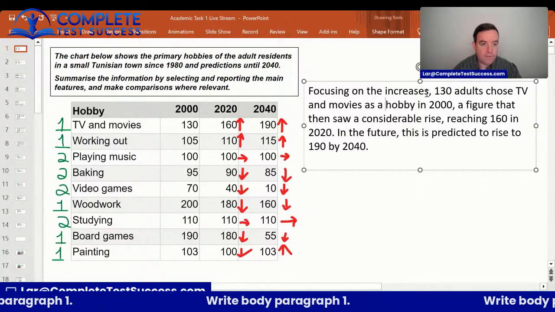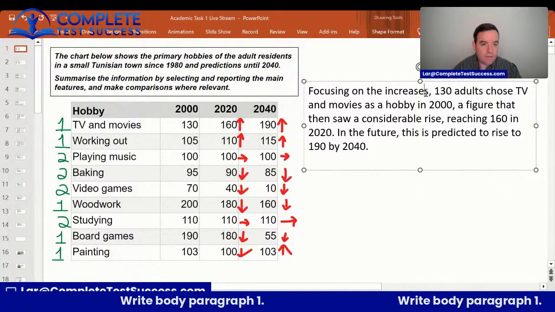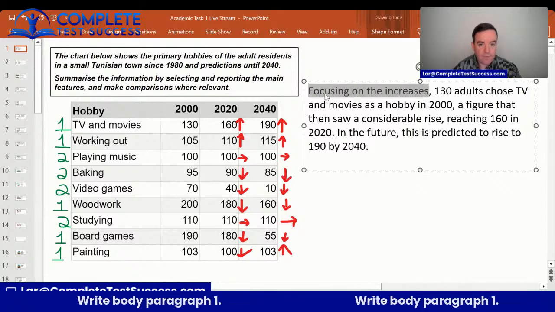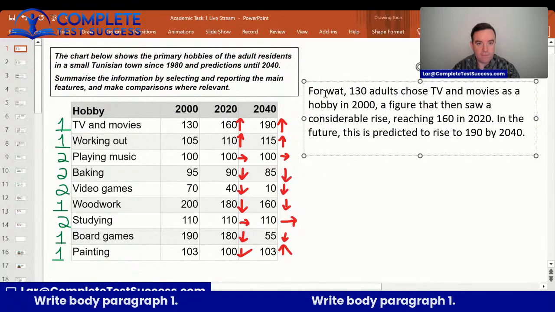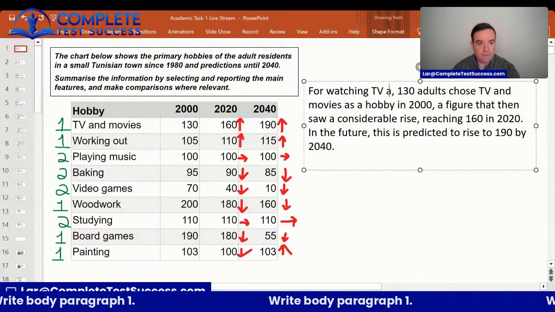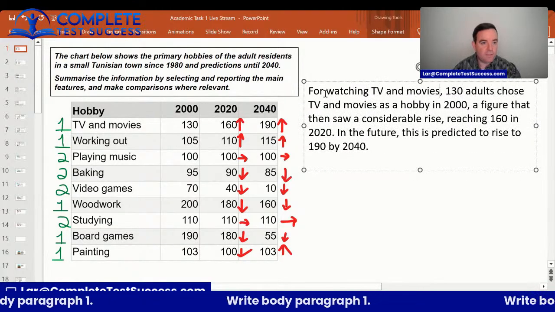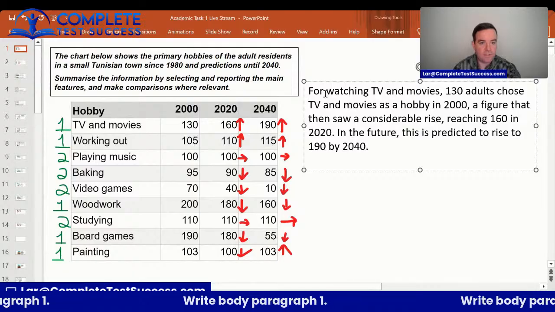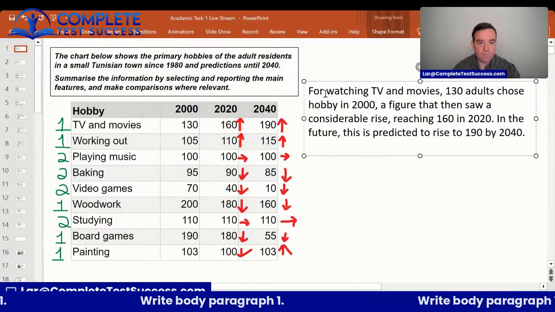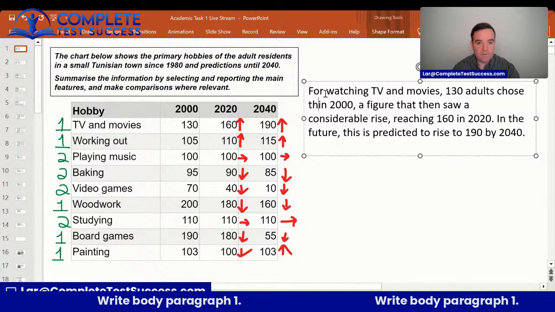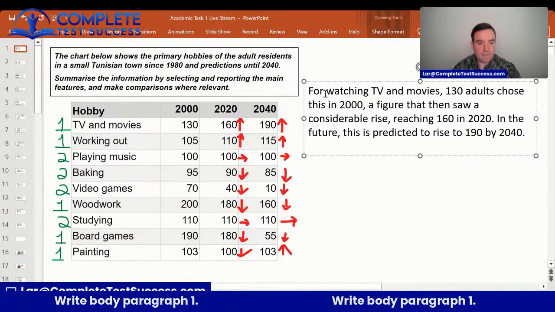I would probably do something like this. For watching TV and movies, 130 adults chose this in 2000.